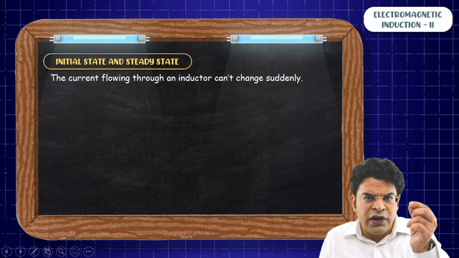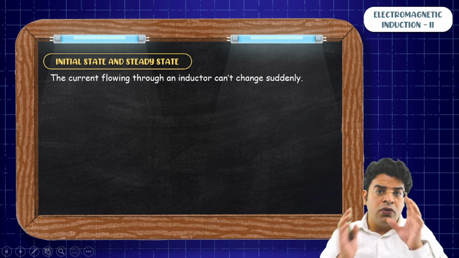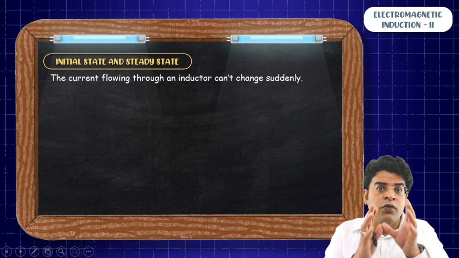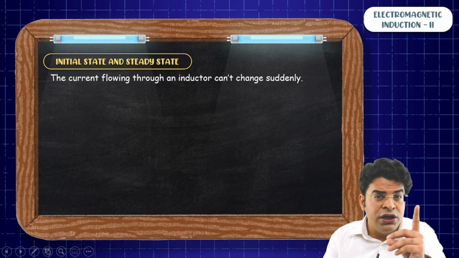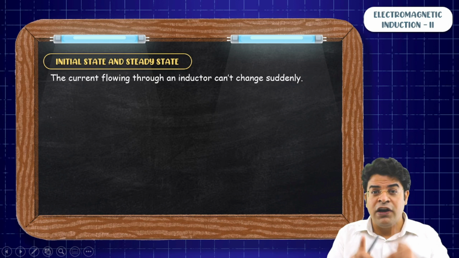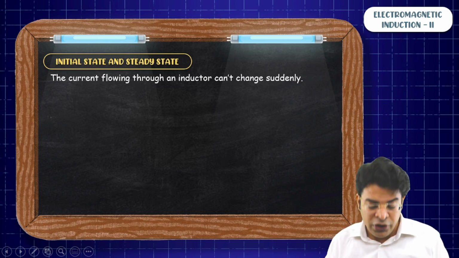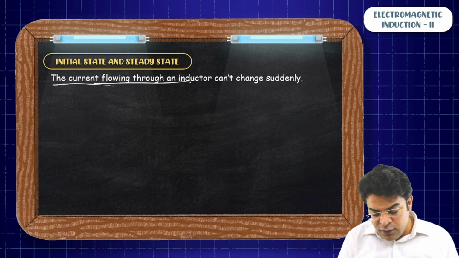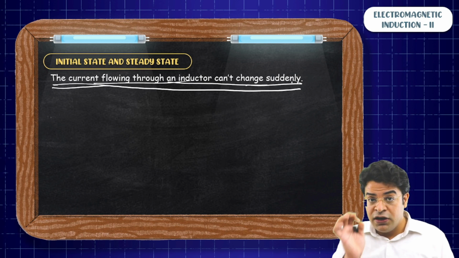Because in an infinitely small frame of time, the change in current can only be infinitely small. If the current changes suddenly, you have got a finite change in an infinitely small frame of time, and for that you will require infinite EMF. So remember the first statement, the current flowing through an inductor can't change suddenly.